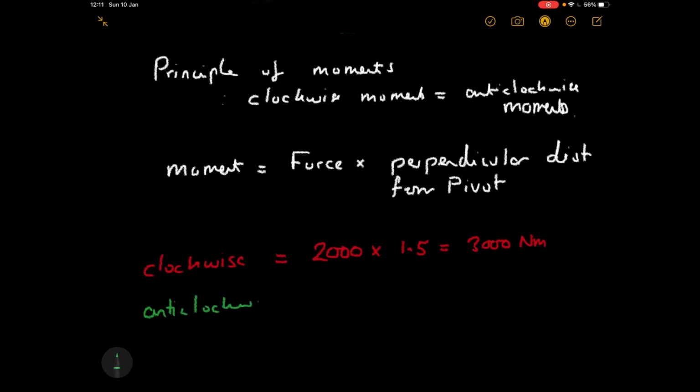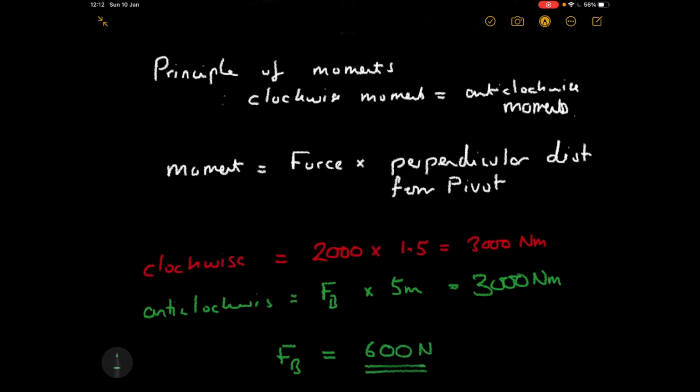Going into green for that, anti-clockwise is equal to the force from pillar B times 5 meters, and I know that this has to be the same. That's got to equal 3,000 Newton meters. So that leads to the force from pillar B reacting being 3,000 over 5, which is 600 newtons.